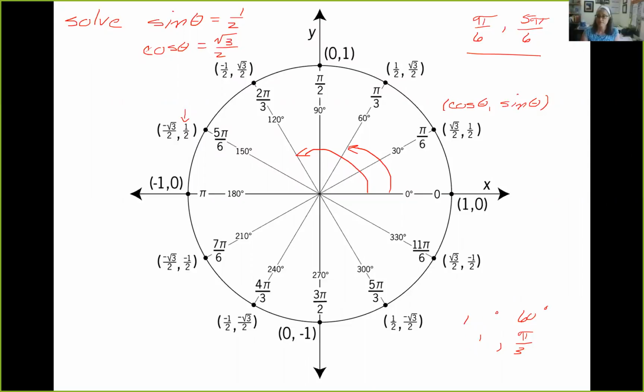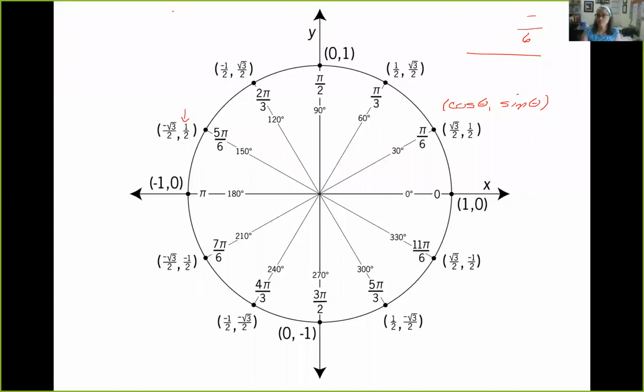Let's make this a little bit more complicated. Let's suppose I need to solve something a little bit more tricky. Let's suppose I need to solve the equation 4 cosine of theta plus 3 square root 3 equals square root 3.